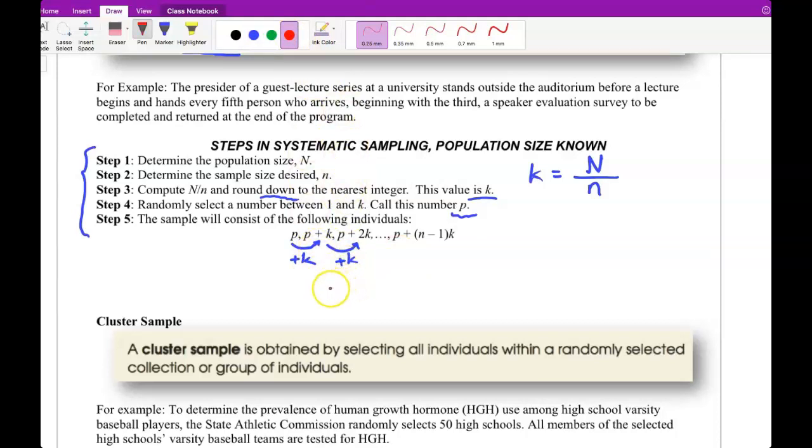So this part, I'm rewriting it: p plus k. Then we have p plus k plus k. That's how we got p plus 2k.